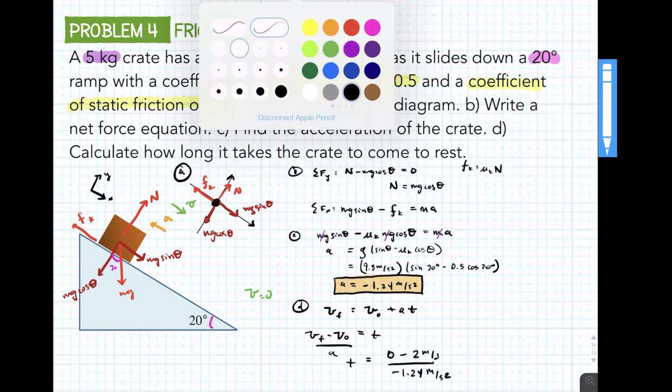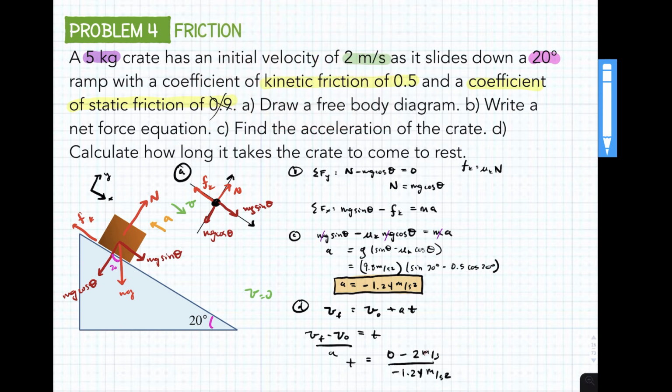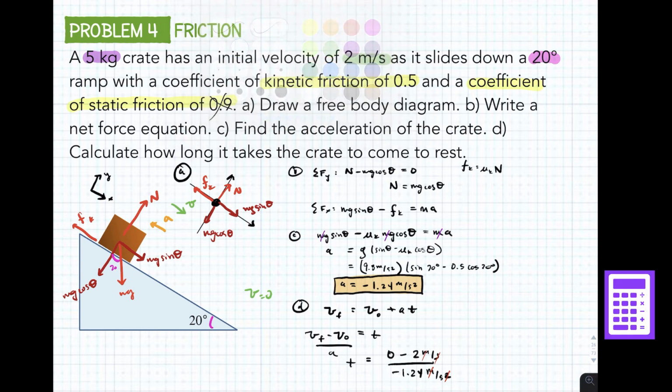You can see with the units, you'll cancel out meters, you'll cancel out one of the seconds, and you should end up with 1 over seconds, which is good. That'll give us seconds, and that gives us a time of 1.61 seconds, which is a pretty reasonable time, and that's all we got.